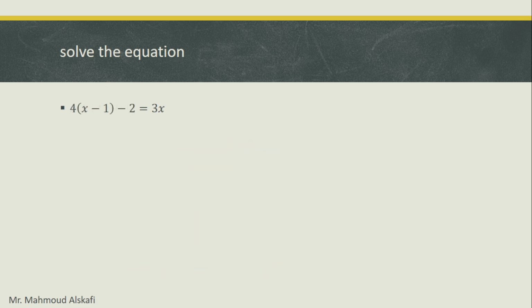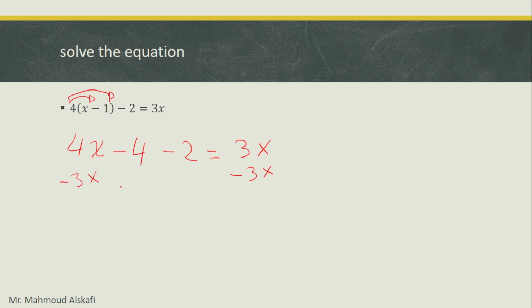As I told you before, if we have any brackets and we need to solve the equation, we should expand the brackets. So here, as we solved before, 4 times x, 4x. 4 times 1, minus 4, minus 2 equals 3x. Okay, minus 3x, minus 3x.